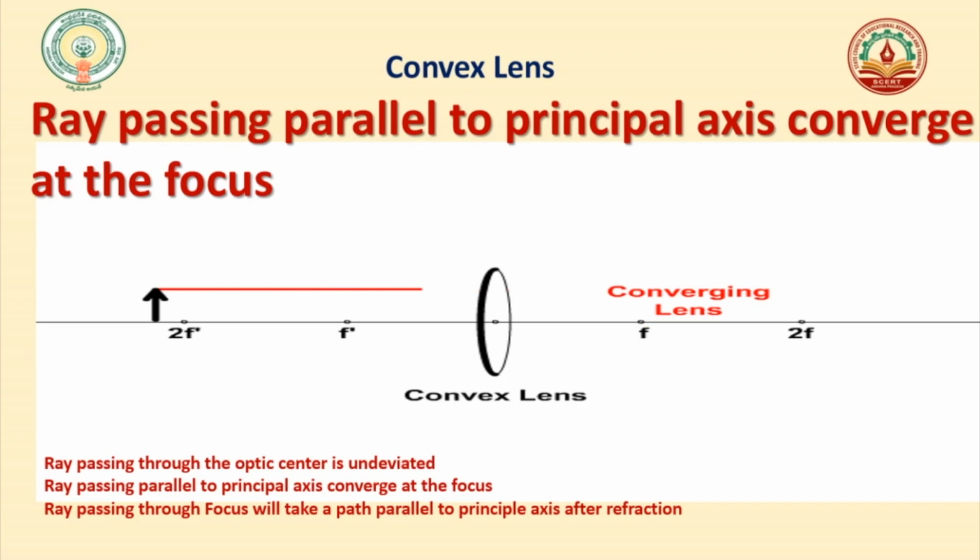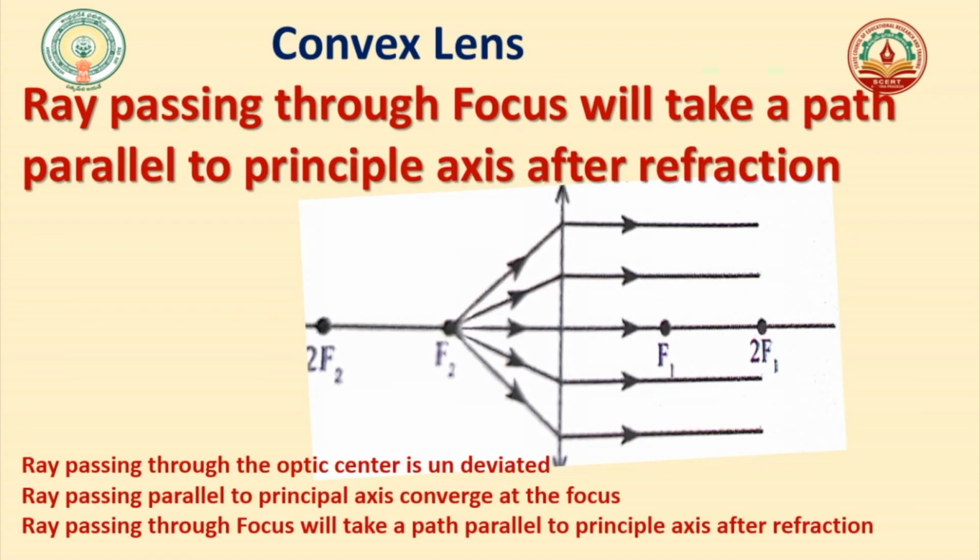Likewise, everything you taught in that particular sub-concept, you have to revise again and again. Here, the ray passing through the focus will take a path parallel to the principal axis after refraction.